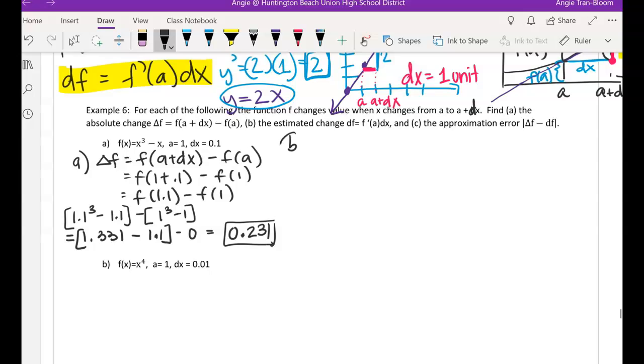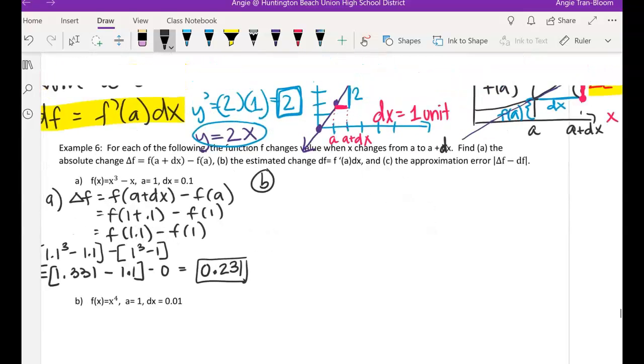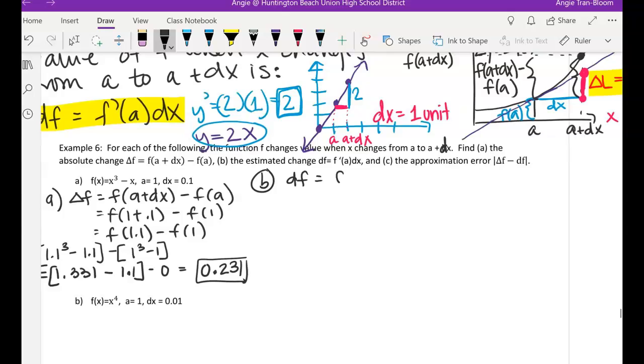Then B, use our approximated change formula, which is the change in y, the first derivative at a times the change in x. Let's do the first derivative then. The first derivative is y prime equals 3x squared minus 1. Then your x is evaluated at 1.